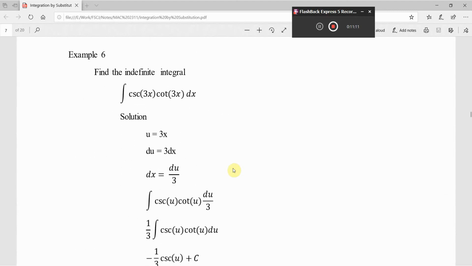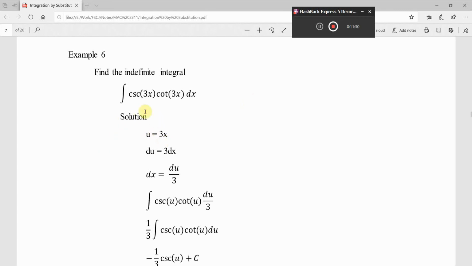All right, example number 6. Find the indefinite integral. So I have the antiderivative of cosecant of 3x, cotangent of 3x, dx. So let's take a look at the solution here.